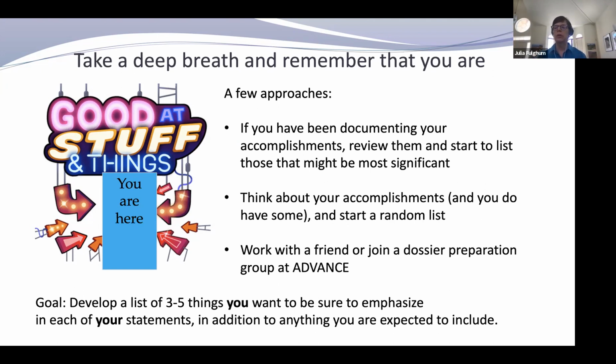What are you proudest of about your research and scholarship? What do you think is most significant? What's the coolest thing you've done working with students? And start from there, and then figure out how to work in whatever other metrics or expectations are expected for your discipline, your department, your program.